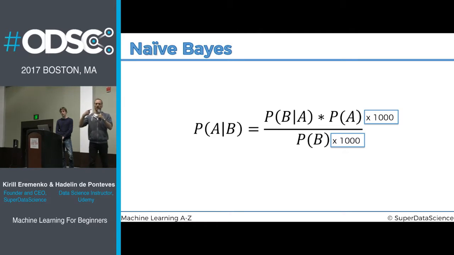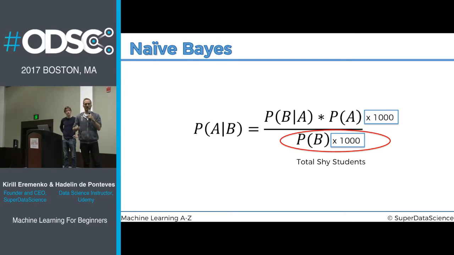The best way I understand Bayes' theorem is, if I multiply the bottom part by 1,000 and the top by 1,000, let's say there's 1,000 people in this whole university, that changes it from probabilities to actual numbers. So what you have at the bottom now is the total number of shy students. Let's remember, B is shy, A is mathematics. So you have the total number of shy students in the university, right?